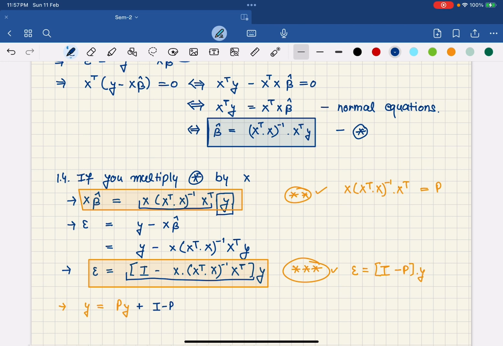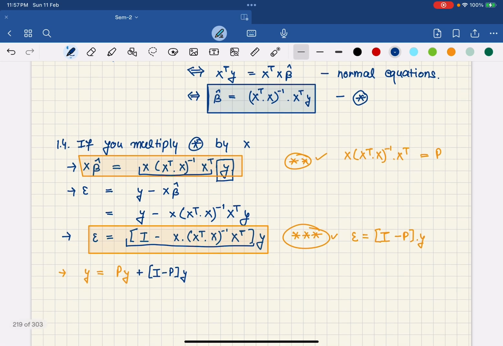So we have redefined our y vector as the sum of two different parts. This part is nothing but x beta hat, and this part is nothing but your epsilon, your error vector.